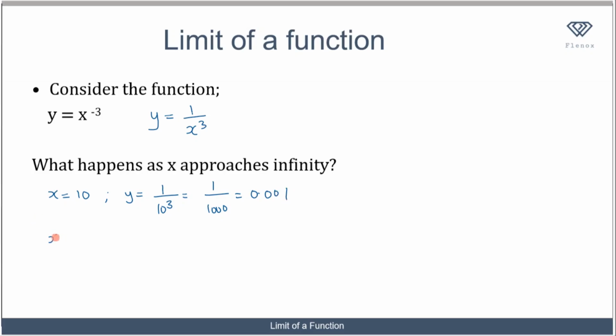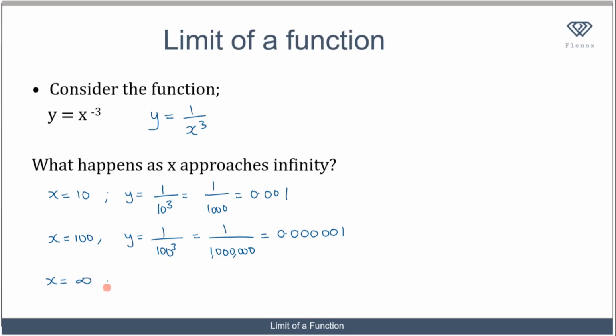Now if x is equals to 100, my y value will be equals to what? 1 over 100 cubed, and that will be 1 over 1 million. When you punch this into your calculator, you have 0.000001.